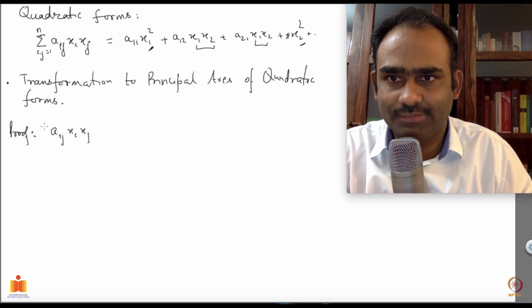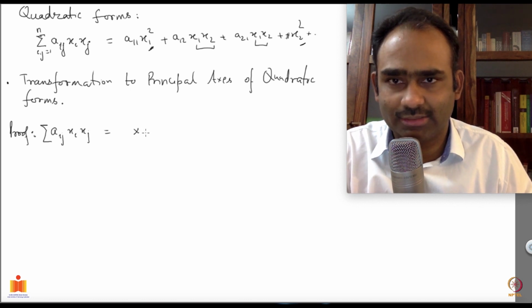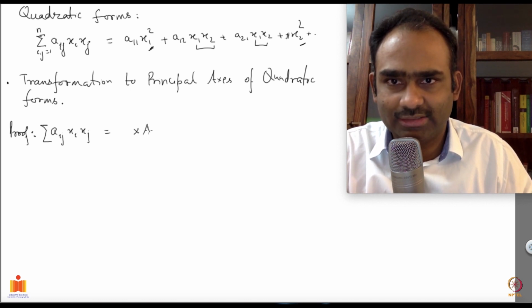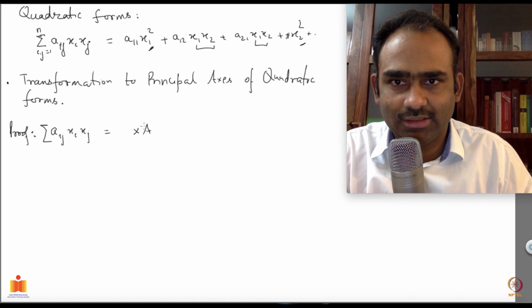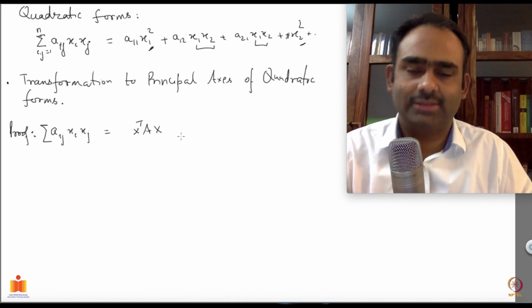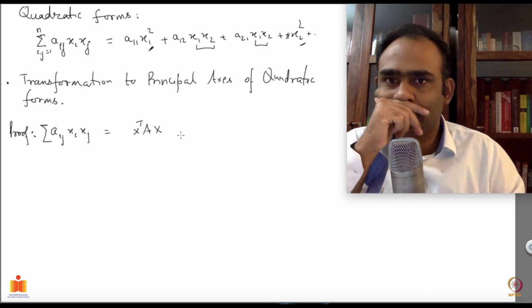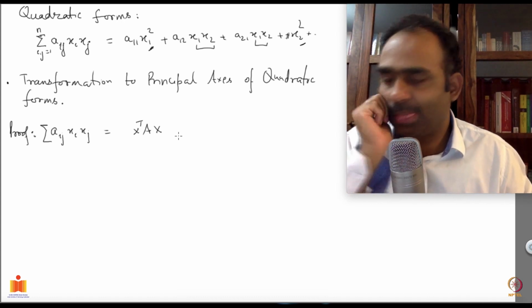I can write the sum of a_ij x_i x_j as x transpose A x, where x is a vector and capital A is the matrix which corresponds to these entries, small a_ij.